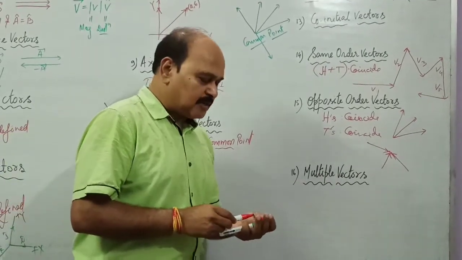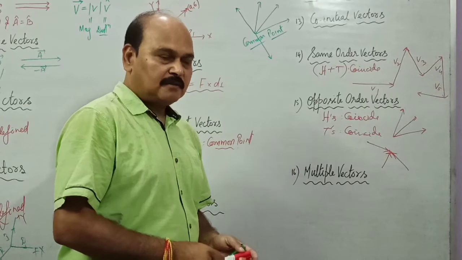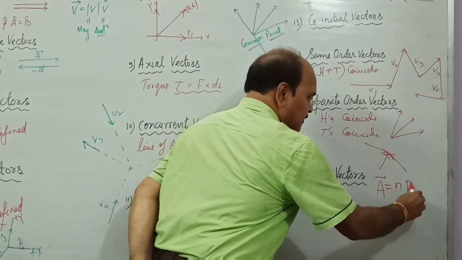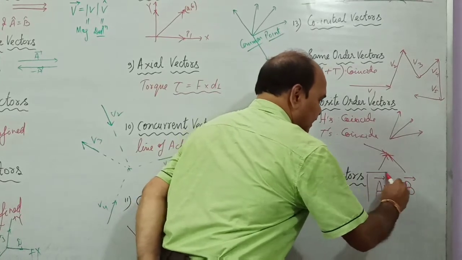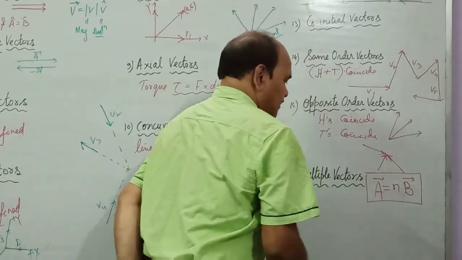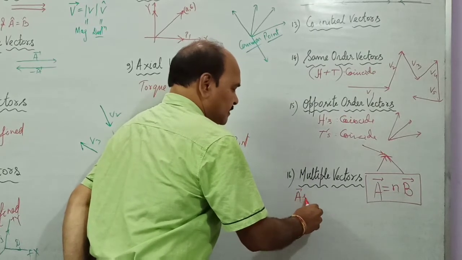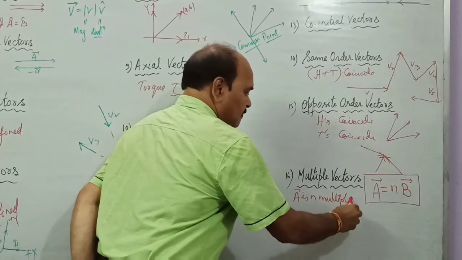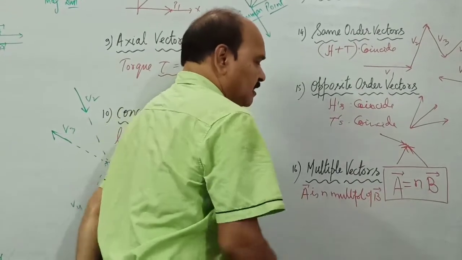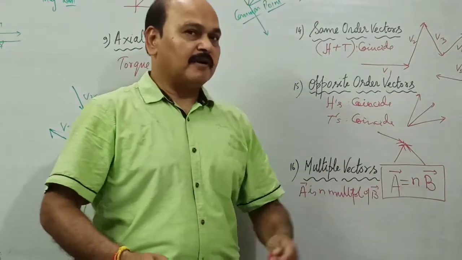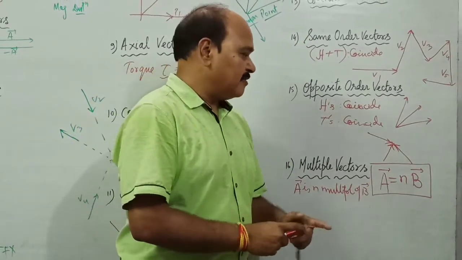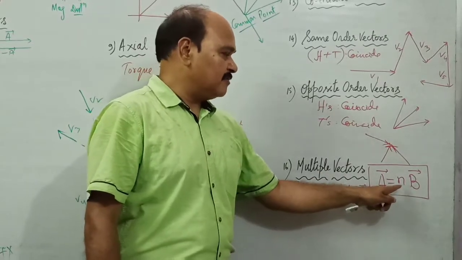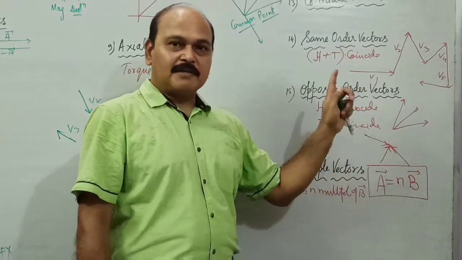And finally we have multiple vectors. Multiple vector is in fact a group of vectors. When we write a vector A as n times B, then A is an n multiple of B. If n is equal to 1, they are equal vectors. If n is equal to -1, they are negative vectors. If n is equal to 0, they are null vectors.